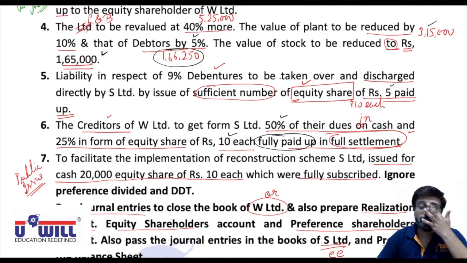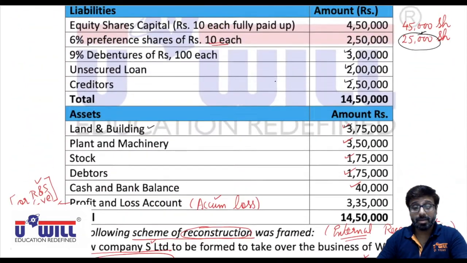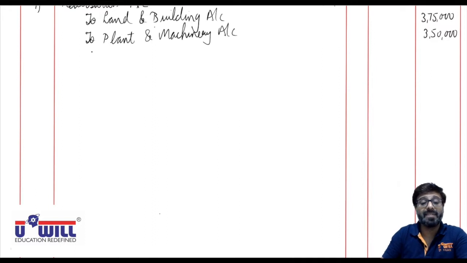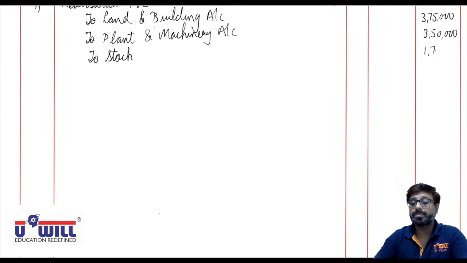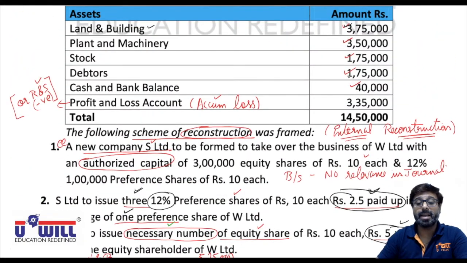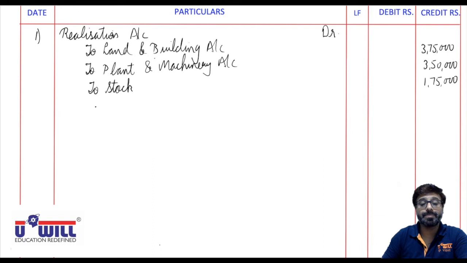Then after plant and machinery we have stock 1,75,000. Then after stock we have debtors, again 1,75,000.